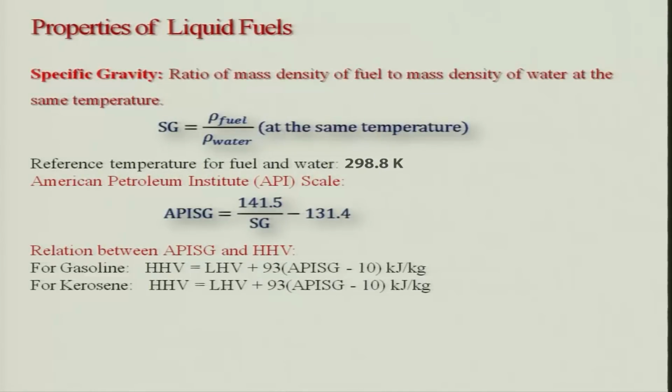They have come up with a formula: for gasoline, HHV is equal to LHV plus 93 API Sg minus 10, and the unit is kilojoule per kg. For kerosene they have a similar formula, and the constants are the same. Keep in mind these constants may change for various fuels, and these are all semi empirical.